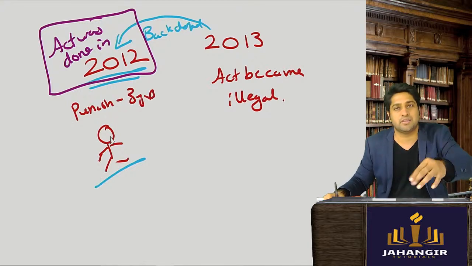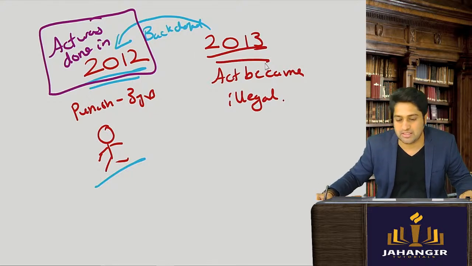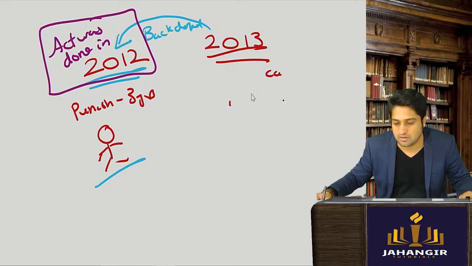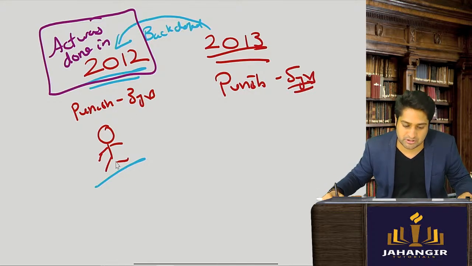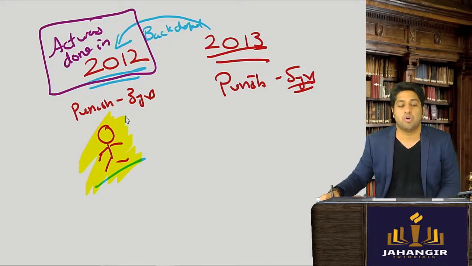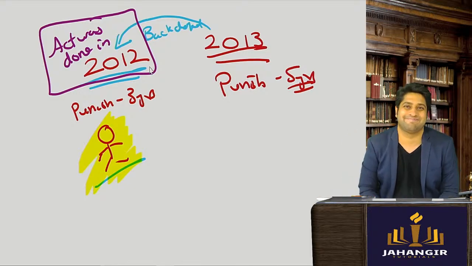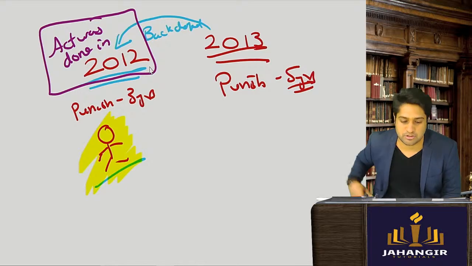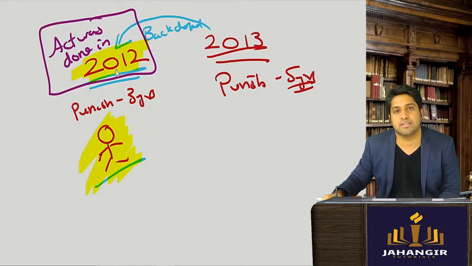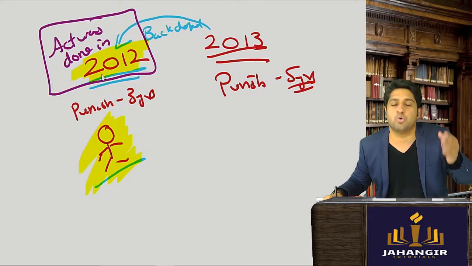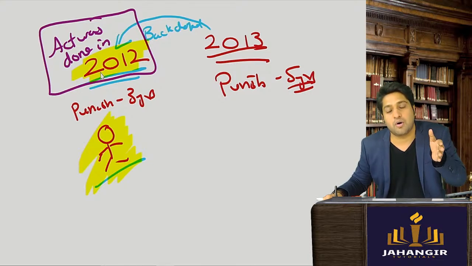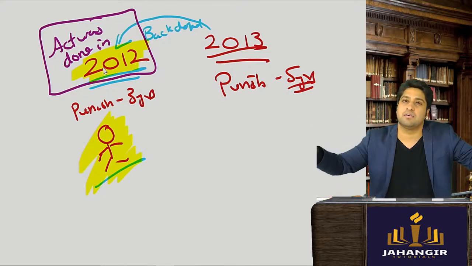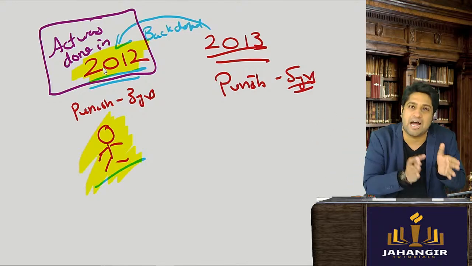Later, in 2013, the punishment was increased to 5 years. Can I punish this person for more than 3 years? He did it in 2012. The answer is no, because no person shall be punished with a penalty greater than what was there when the act was done.